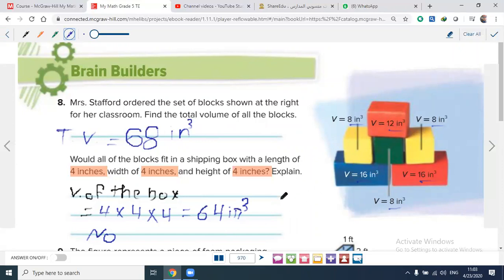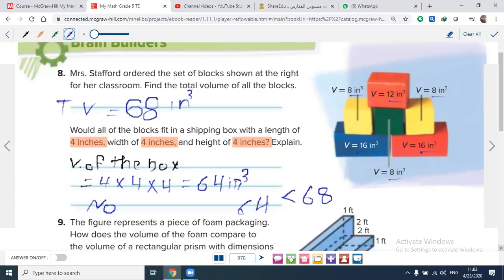This is the reason, okay? So it does not fit.